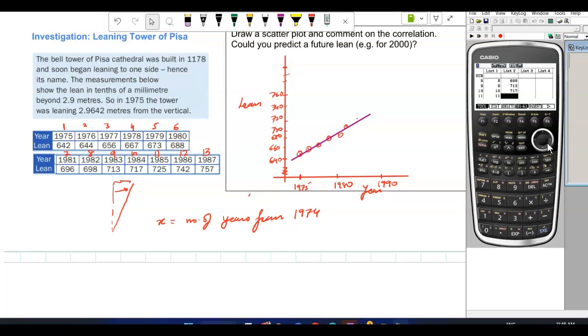You enter all those values. I'm just entering it. Good, very good. You're faster than me. 757. Once you do this, now Casio doesn't know what is this and what is this.